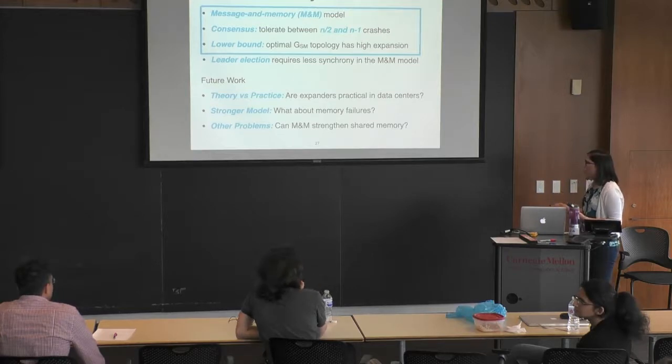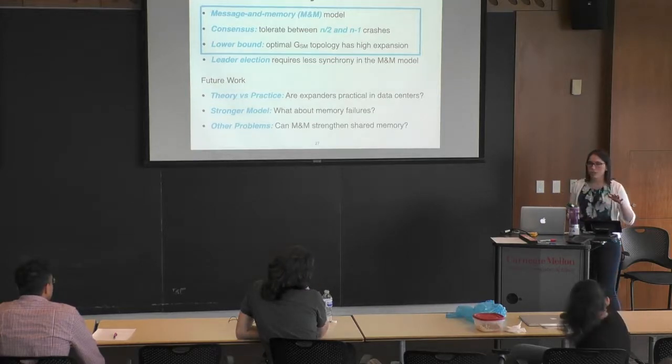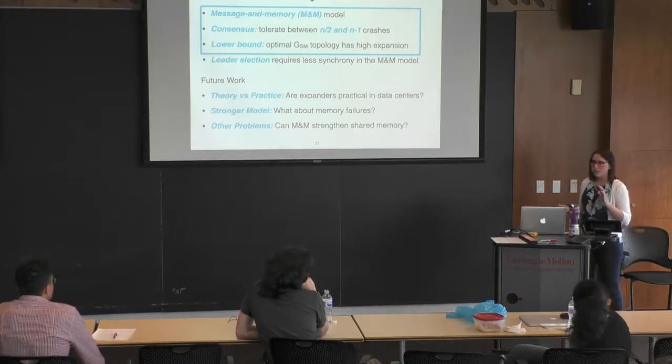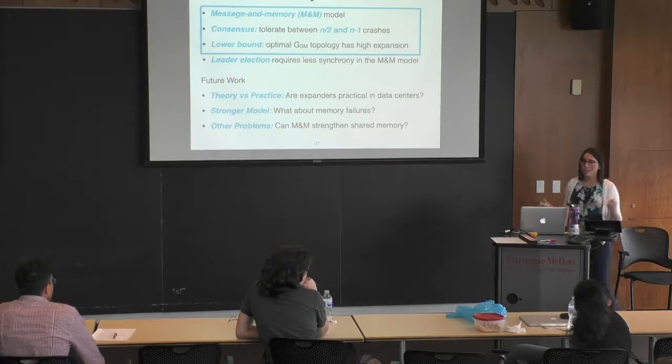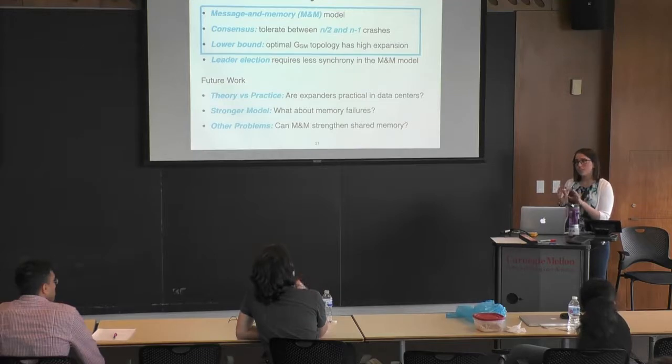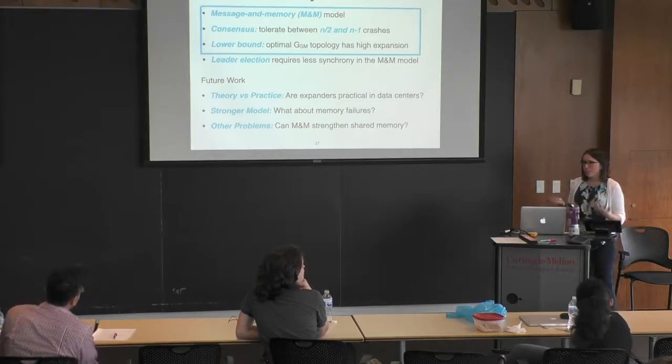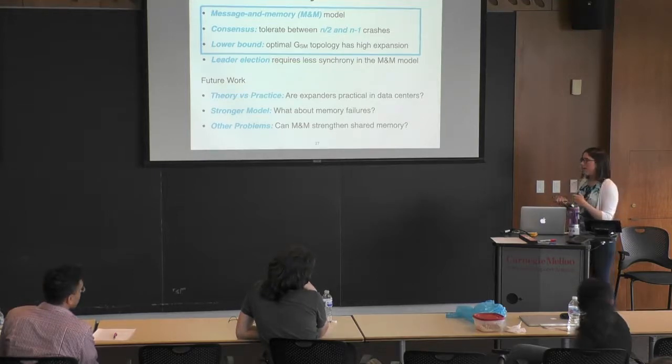And furthermore, we only talked about improving message passing systems using shared memory. You could imagine doing it the other way around. You take a shared memory system and you ask, can I improve its performance using message passing? Now, we know that you couldn't possibly improve its fault tolerance, but there are other measurements that you could think about, like the number of steps that you take.